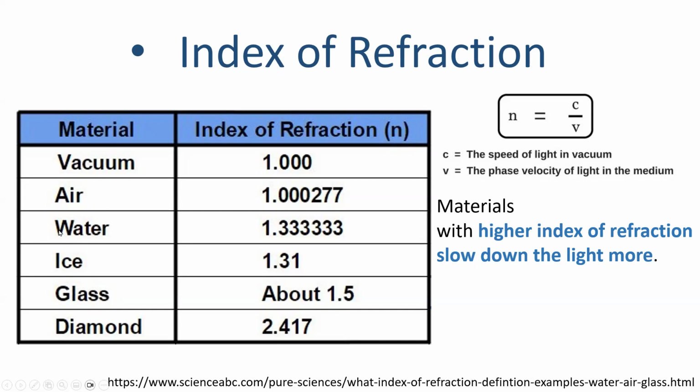Water slows down even more. Oh, the index of refraction is going to be bigger. Ice and so on. Right? What does it tell us here? The index of refraction is never going to be less than 1 because this is the border here. That's the limit. It's always going to be bigger than 1.